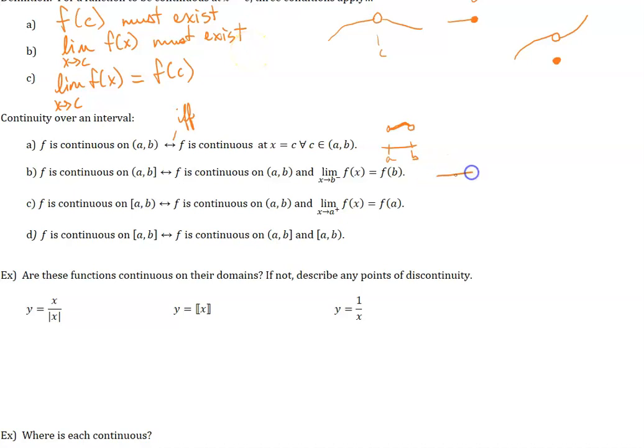So let me give you a sketch here. Okay, so we could have something like this, where f of b does exist, and the function is continuous everywhere in between a and b, and then the limit as we approach b from the left is equal to the value at b. Therefore, it's continuous on the interval that is closed at b.